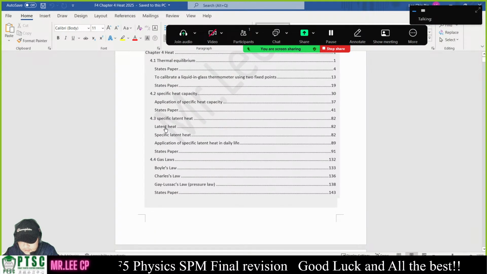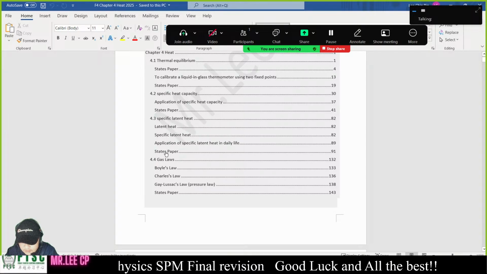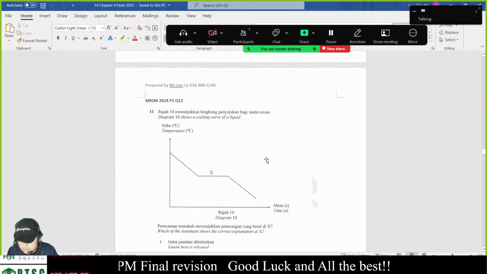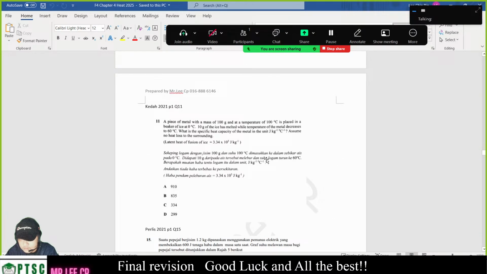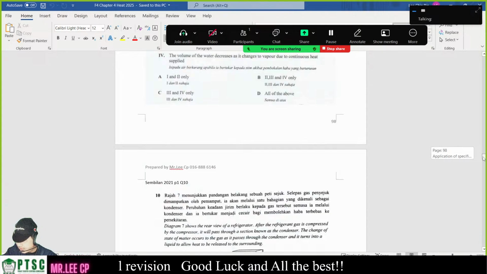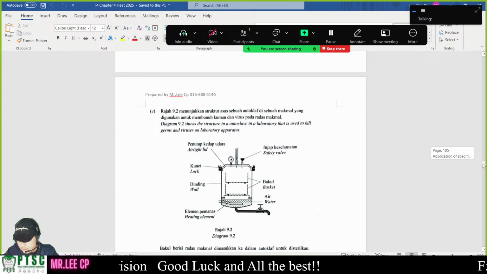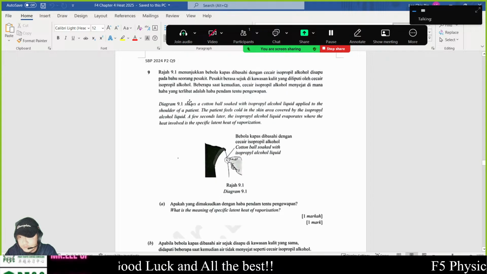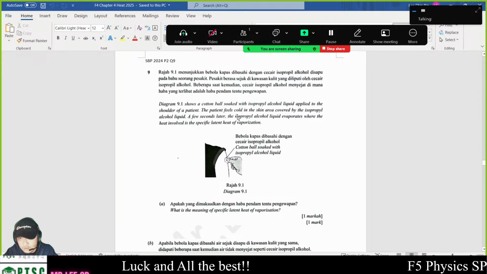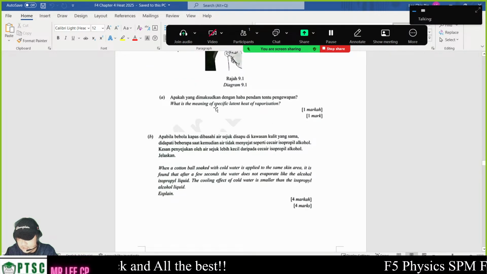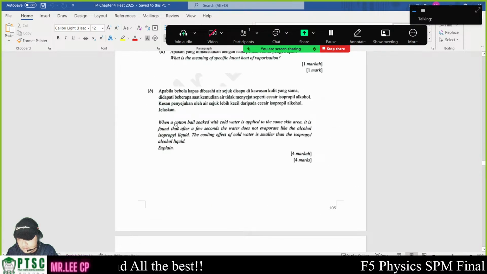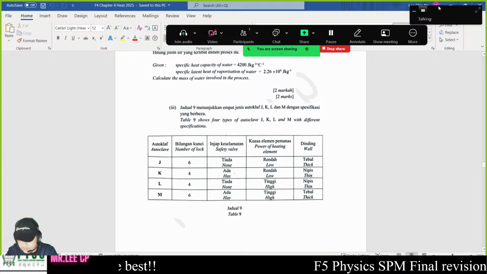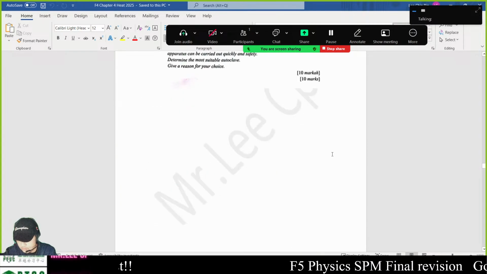Specific latent heat application, state paper here. (2004). Now I want to find the essay. Wait, let me find the essay. Where is it? SPP 2004. So it asks in this way, latent heat. So it asks in this way. SPP 2004, the latest one.